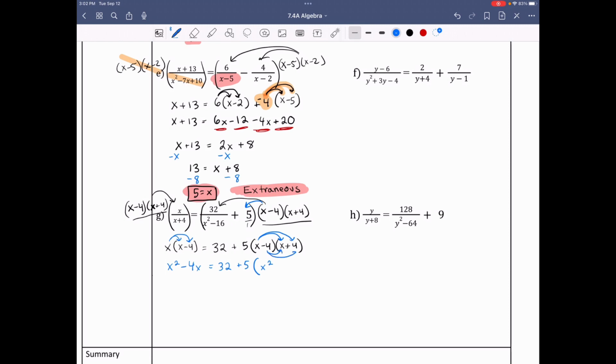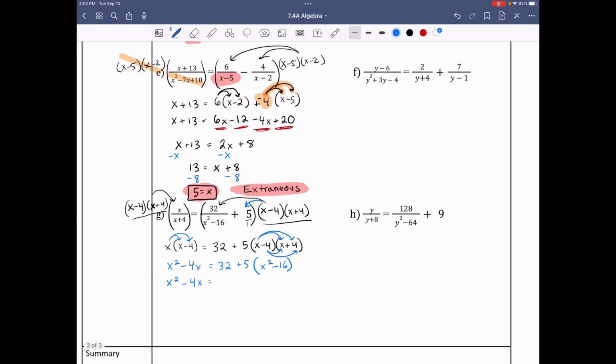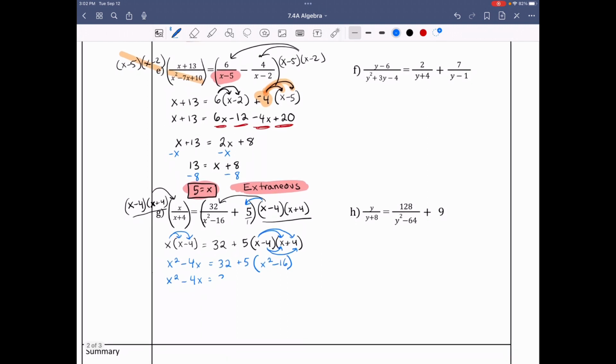So then we just have minus 16, because negative 4 times 4. Now I can multiply it by the 5. So we have x squared minus 4x. If I had noticed that that was a difference of squares in the beginning, it would have saved me some time and a step, but that's okay. Plus, distribute the 5, so 5x squared minus 5 times 16, which is 80.